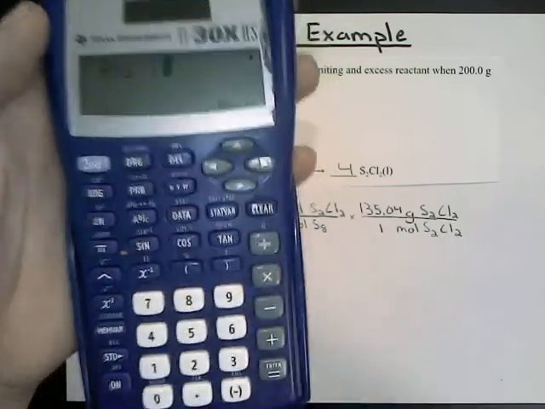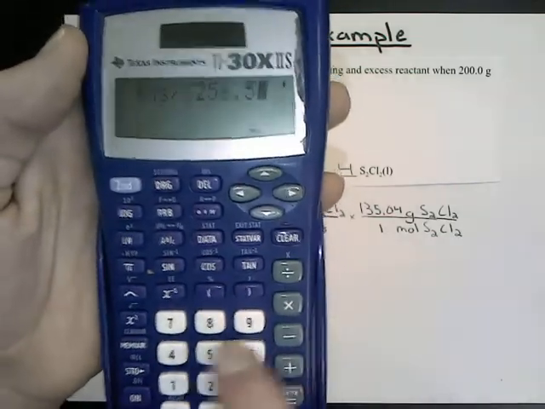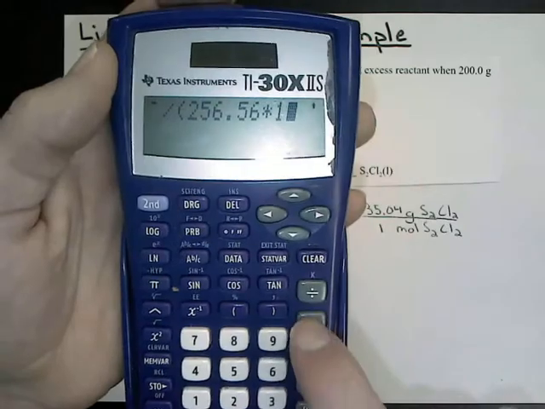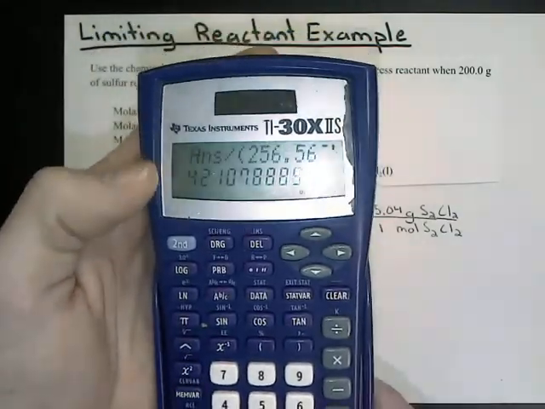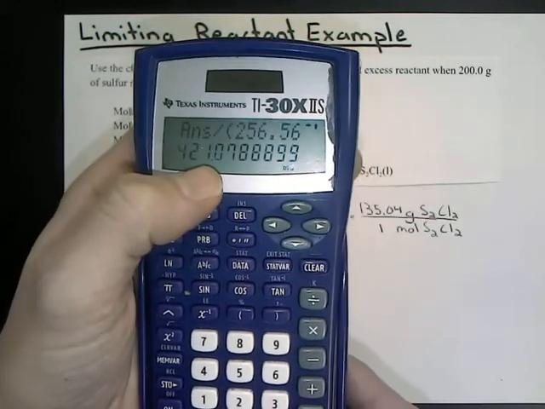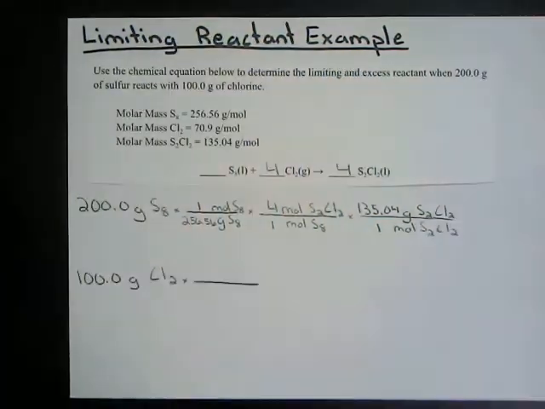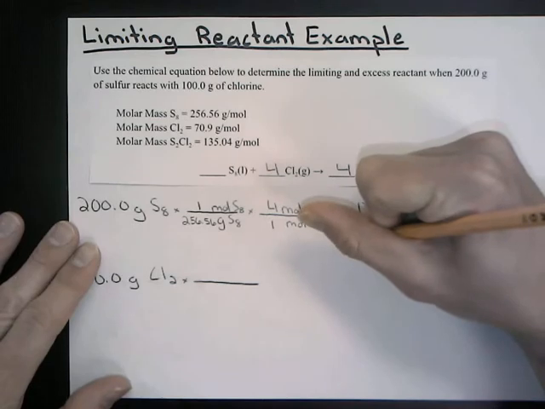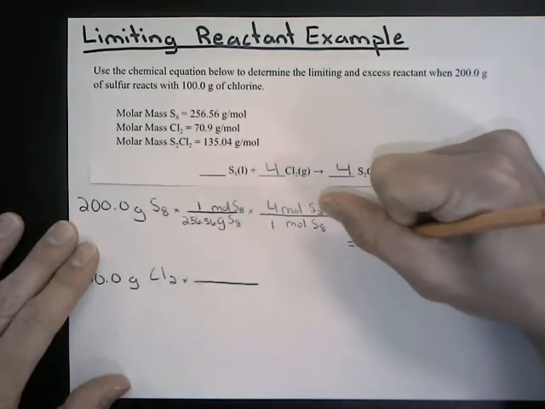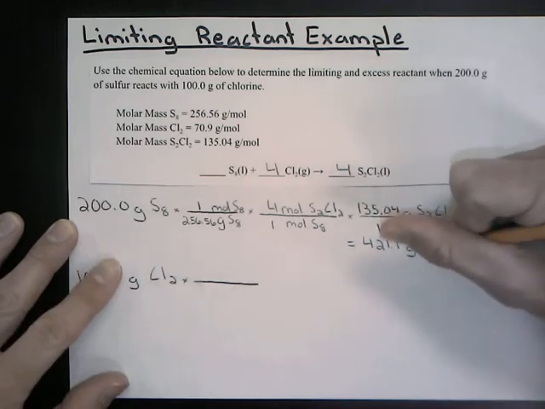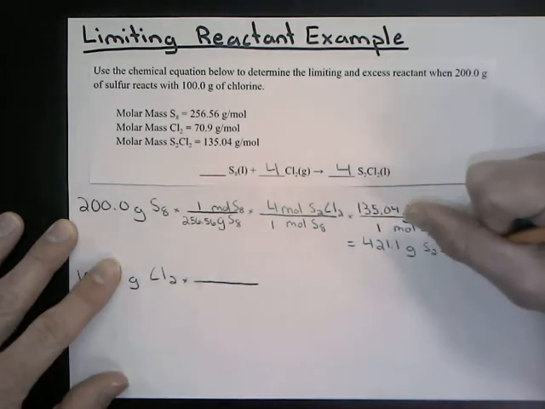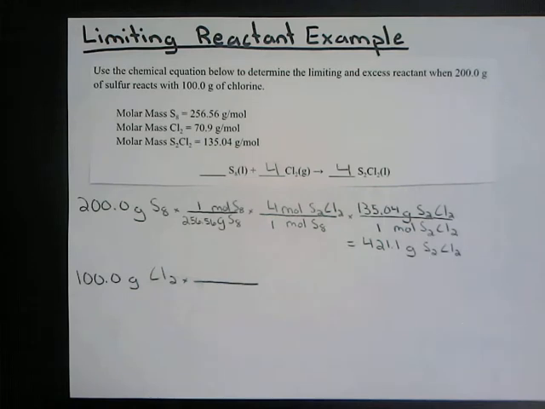I divide it by 256.56 times 1, close my parentheses, and I get a value of 421.1 grams of S2Cl2. So this top part here, again, equals 421.1 grams of S2Cl2.